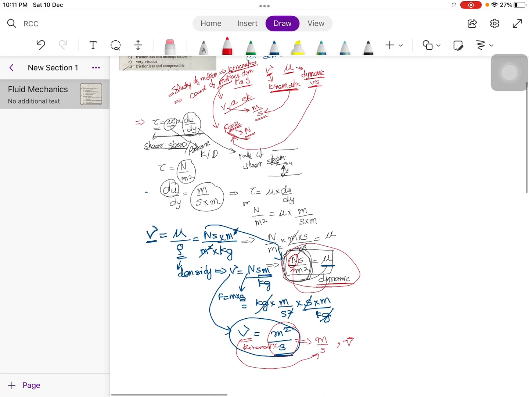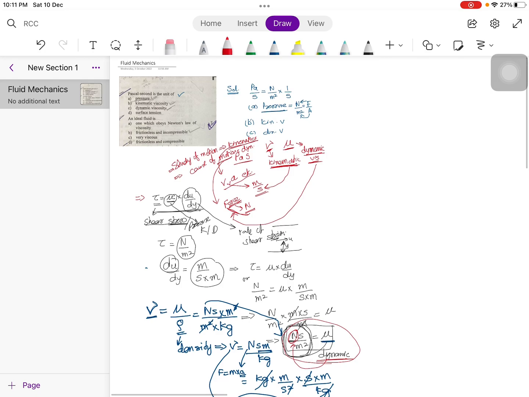So this solves our first question. So we are going to choose option C as the answer, which is the dynamic viscosity, Pascal second or Newton second per meter square.